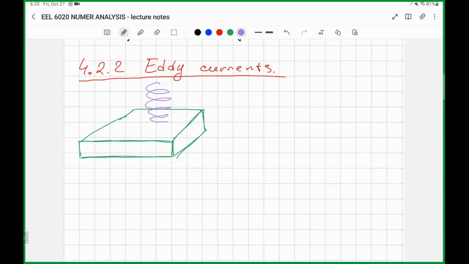Okay, and this coil, of course, creates the magnetic field. And if the current in the coil is alternating, then this magnetic field is also alternating in time. On the other hand, we know this Maxwell equation that the curl of electric field is given by minus dB over dt, right?